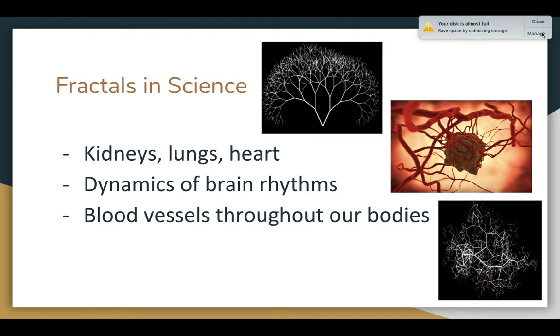I found something interesting that said, here might be an example of what a set of blood vessels looks like through our body in the kidneys. And what scientists have started to use fractals to do is to diagnose cancer early.